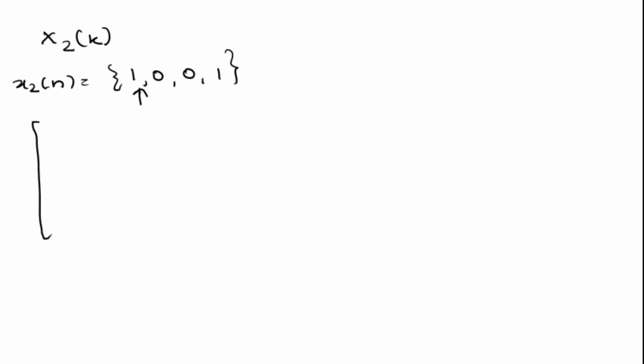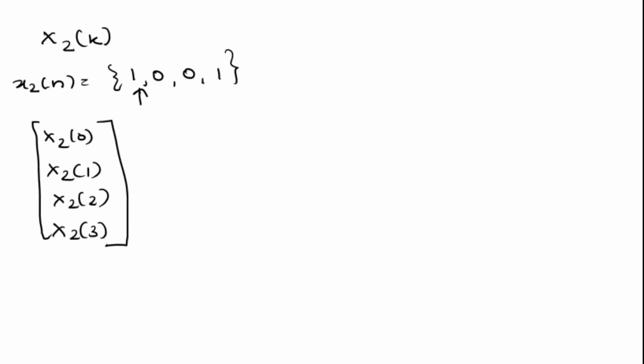Similarly, let us calculate x2 of k. x2 of n is equal to 1, 0, 0, 1. x2 of 0, x2 of 1, x2 of 2, x2 of 3. Coefficient matrix.